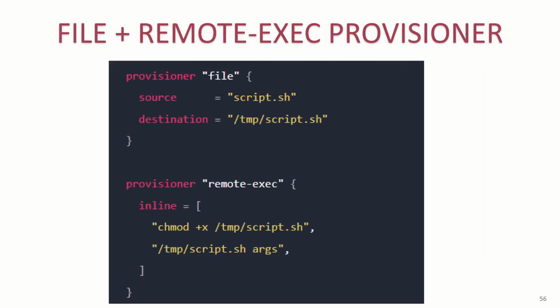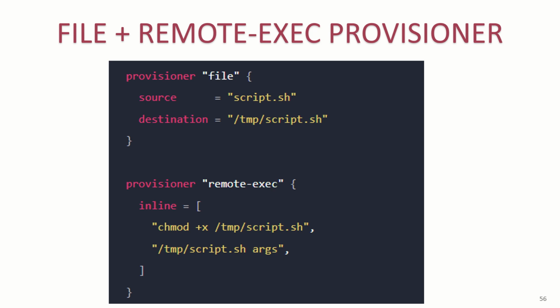We can also use file provisioner with remote exec, as I told earlier. Suppose we want to create a script first that has around 20-25 lines of code, so we can place it in a file and copy that file to the newly created VM. Suppose we have created a Linux VM, so we can place the script.sh file at /tmp/script.sh, and then use remote exec provisioner, firstly to change the permission of that file.